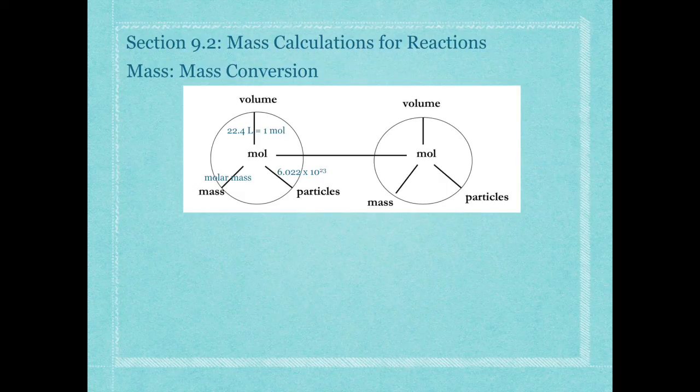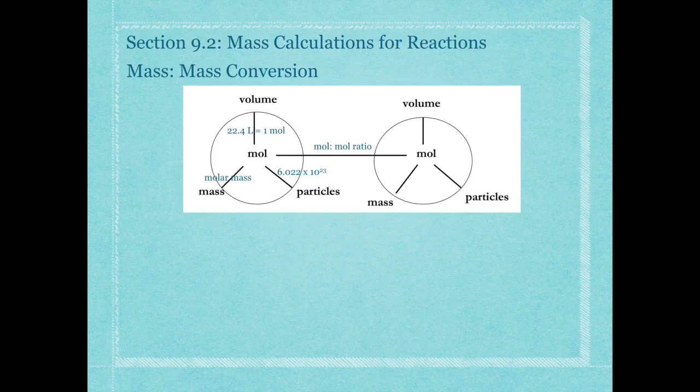So that's not new. If I want to go from mass of one thing into, let's say, the volume of another, the only added step is, well, I start with mass. I'm going to get into moles using my molar mass. Then to go from moles of one thing into moles of another, I've got to use my mole-to-mole ratio. And that is simply using my coefficients like we did in the previous problem.